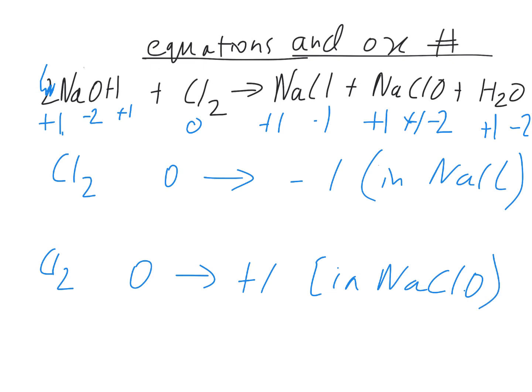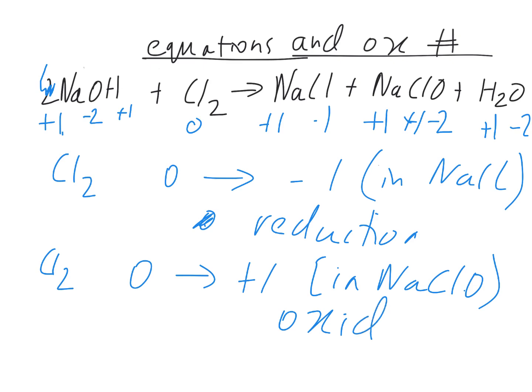So in other words, chlorine is both being oxidized and reduced. So we can say that chlorine, when it becomes NaCl, that is a reduction. But when it becomes sodium hypochlorite, that's an oxidation. This is possible. It can happen in some cases.